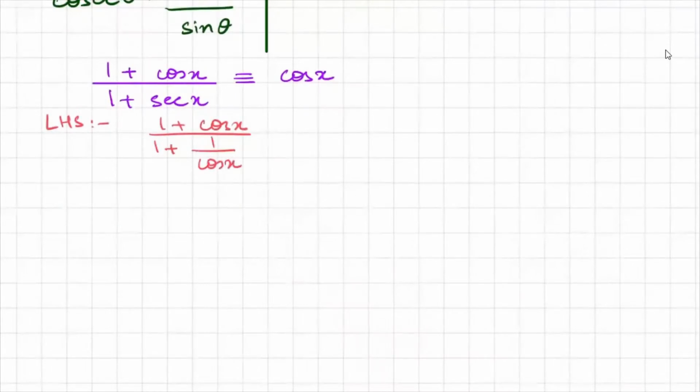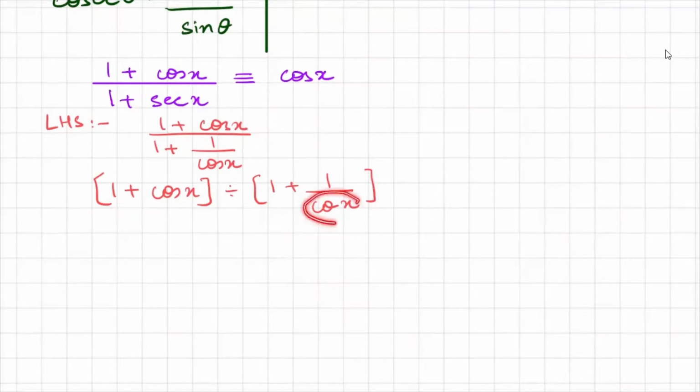How about I write it in a simpler form? So I'm going to write it like this. 1 plus cos x with a bracket divided by 1 plus 1 over cos x with a bracket closed. Okay, now here I can see that it's very simple to take the LCM here. So I'm going to take the LCM, which would be, let me write this down.